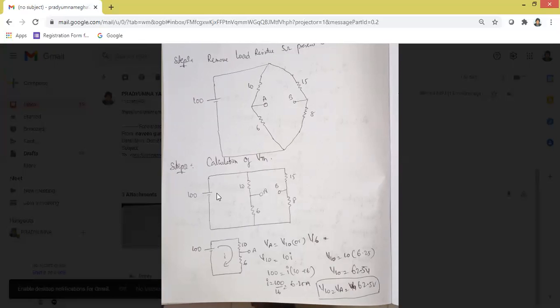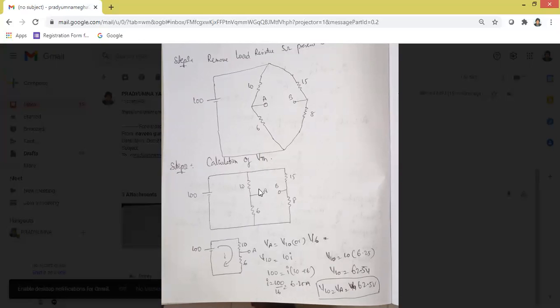So let us divide the circuit and calculate the voltage at terminal A. If you see, terminal A is connected to the 10 ohm resistor and the 6 ohm resistor. So the voltage at terminal A can be taken as the voltage across 10 ohms, or the voltage across the 6 ohm resistor. In both circuits you have to take the upper part only.